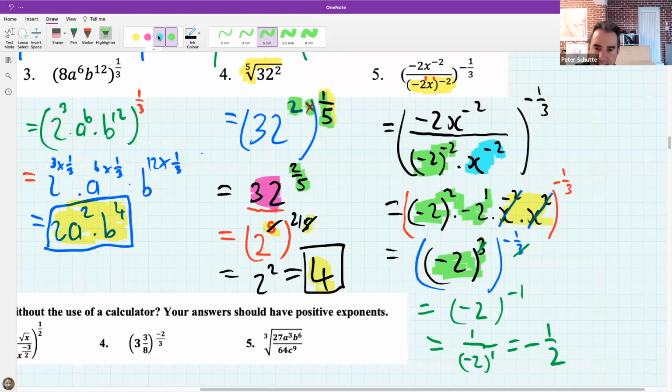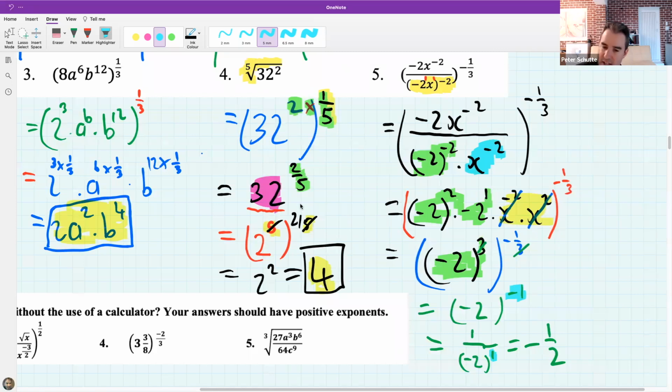And then we have 3 times a -1/3, and that's going to give us the -1. But now if you have something to the power of a negative and you want to make it a positive power, you bring it below the line. So that's why this becomes positive here. The -2 just stays in the bracket. And so now we just have 1 over -2, which is -1/2.